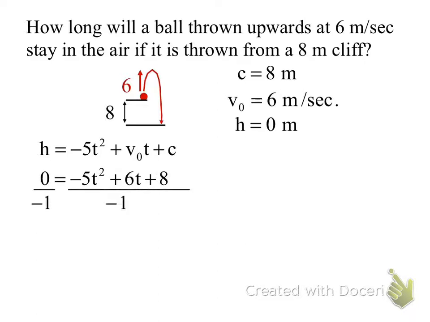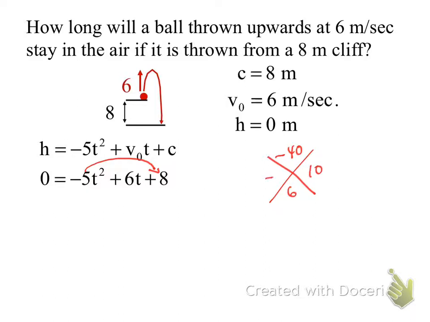Good. Okay, so now, first of all, I think this is lead coefficient factoring. So let's go back, and this is a good time to review. Let's try it. Negative 5 times 8 is what? Negative 40. We need two numbers that multiply to that and add to 6: 10 and negative 4.